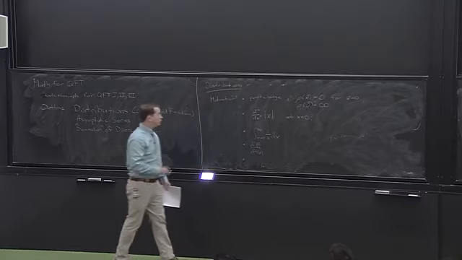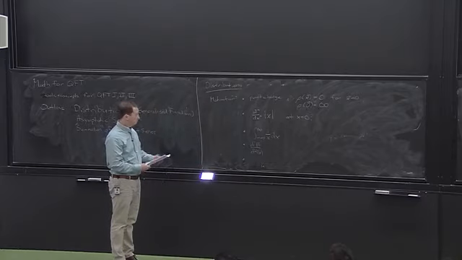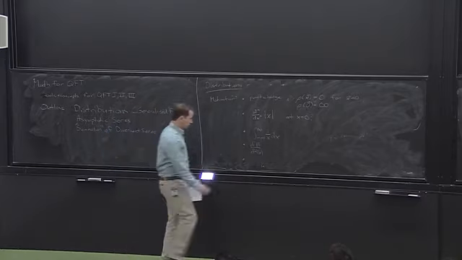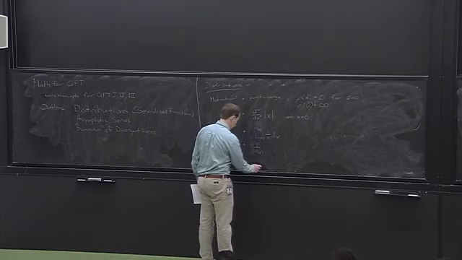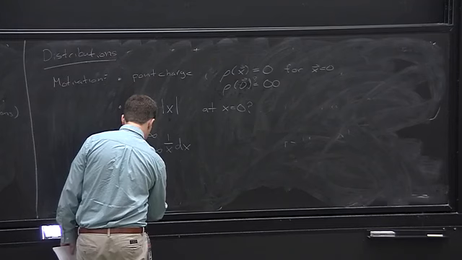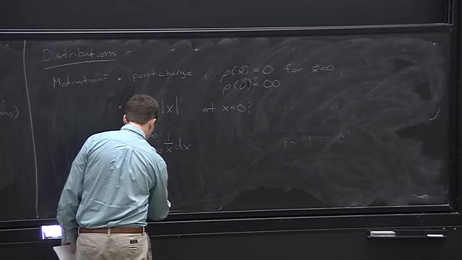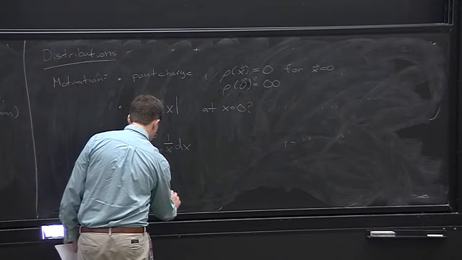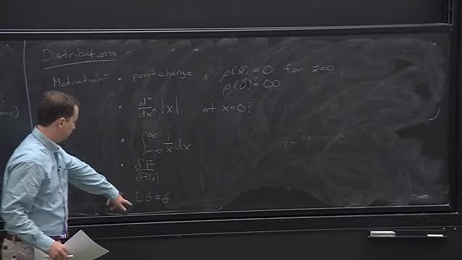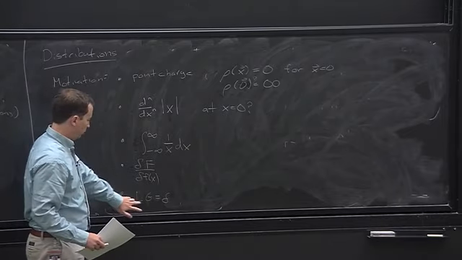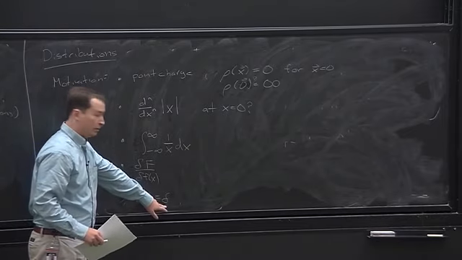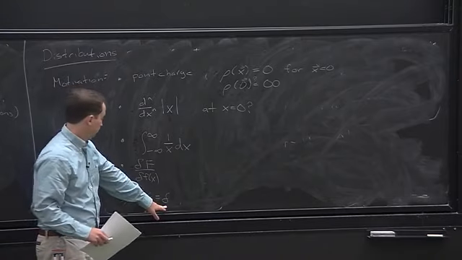Another motivation for studying distributions are Green's functions. So a Green's function is a solution to an equation like this. We've got some differential operator acting on a Green's function. It's equal to the Dirac delta.